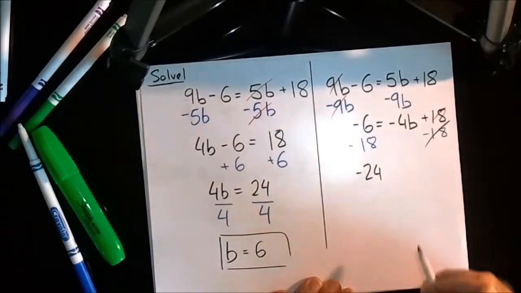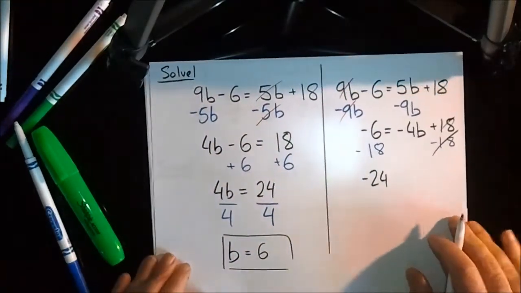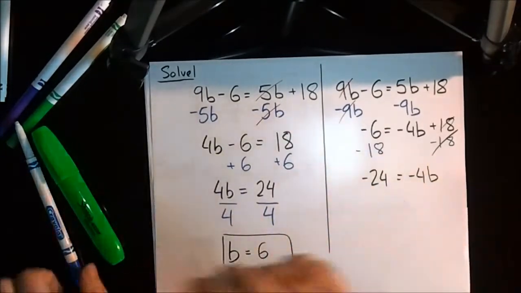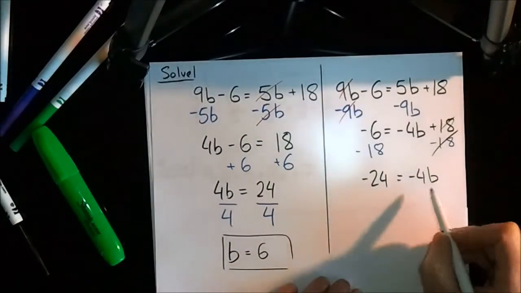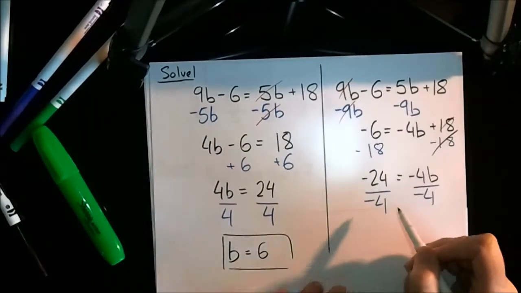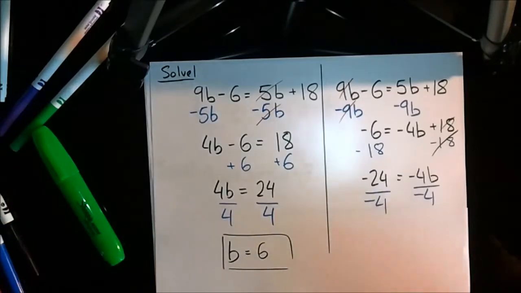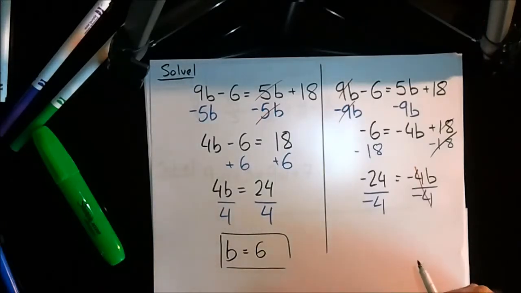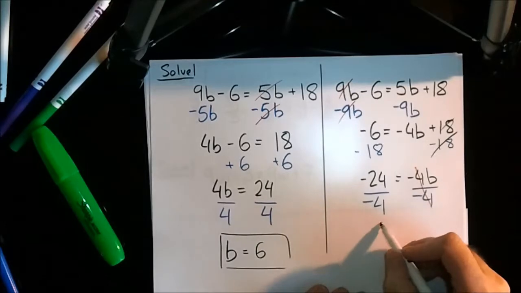They're both negative numbers, so they're going to combine. Negative 4b. Then I have to divide both sides by a negative 4, not just a 4, but a negative 4. And that's a 1. Negative 24 divided by negative 4, same sign division, yields a positive number always.